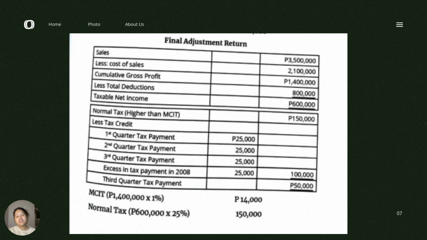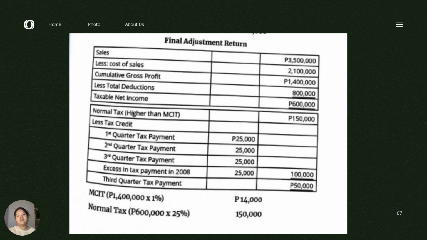Next, the last one is the final adjustment return. The final adjustment return consolidates the corporation's full financial data to determine the total annual tax liability and reconcile it with prior payments. The corporation reports total sales of 3,500,000 and cost of sales of 2,100,000, resulting in a cumulative gross profit of 1,400,000.